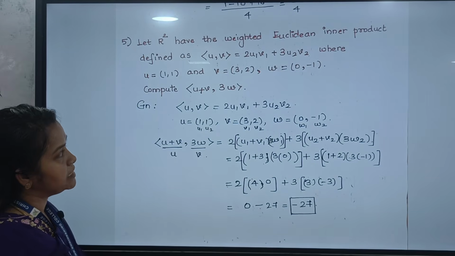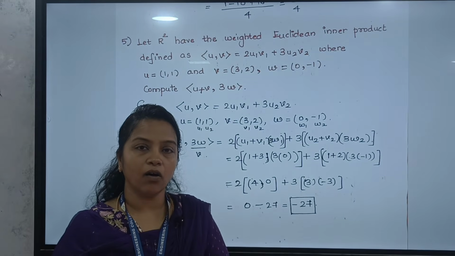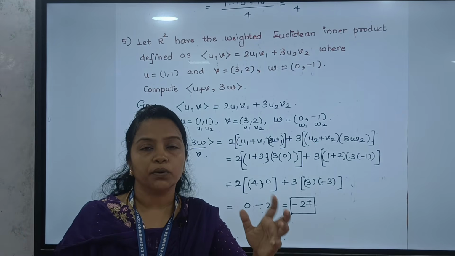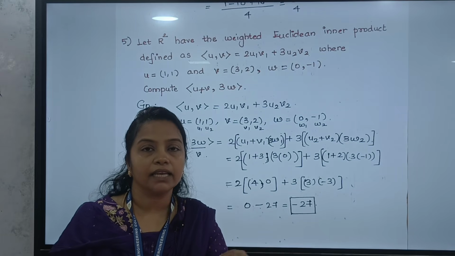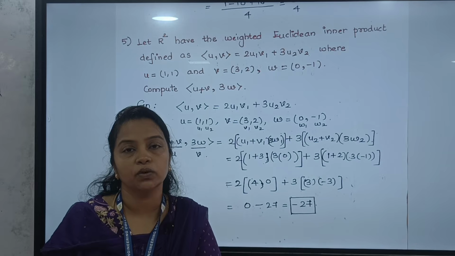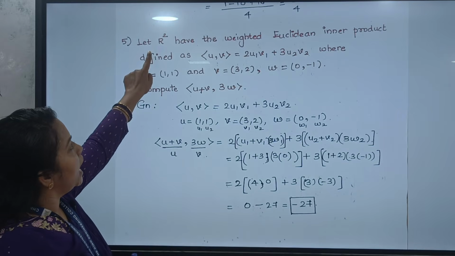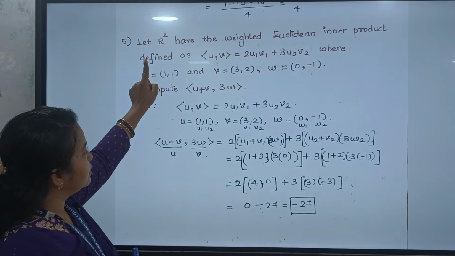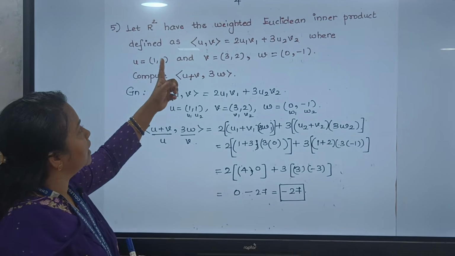Now the Euclidean inner product. What it means is that all the scalar values in the field, that is, the constant values, will be real numbers. That is why they mentioned r square. Everything will be real numbers, and there are two values, so they wrote u v.